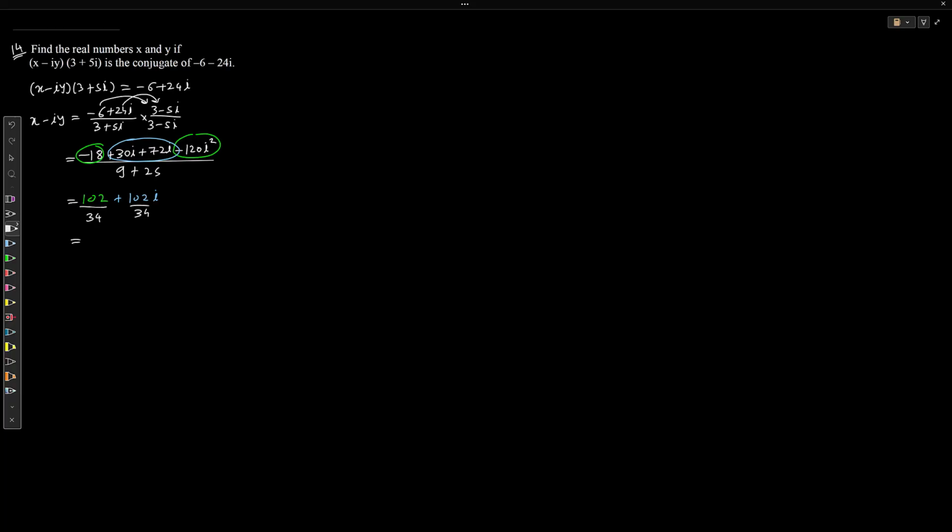Yes, 34 3s are 102. So 3 plus 3i, which is equal to x minus iy. So from real part we will get x is equal to 3. And from imaginary part we'll get y is equal to minus 3. That's your answer.